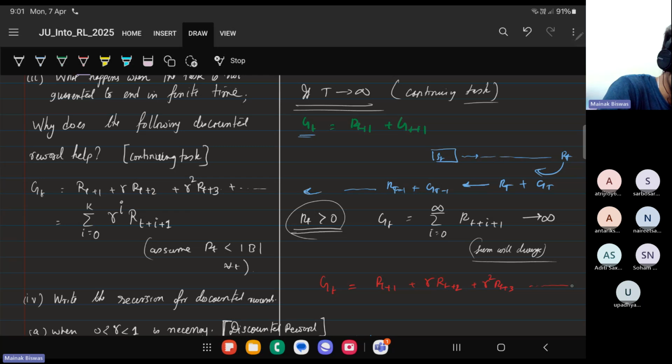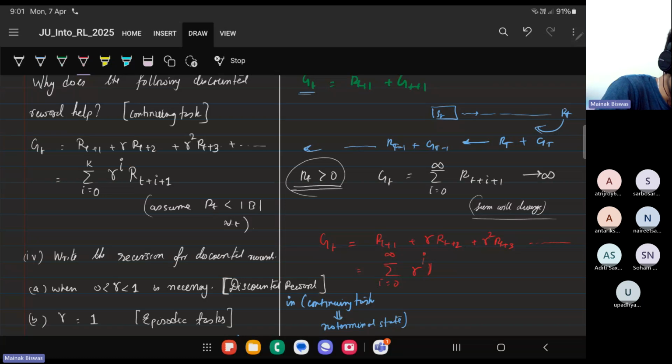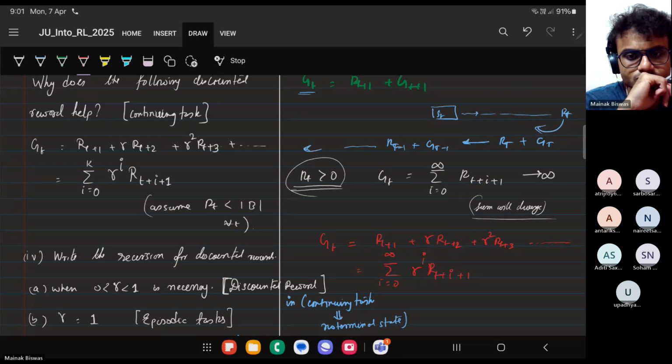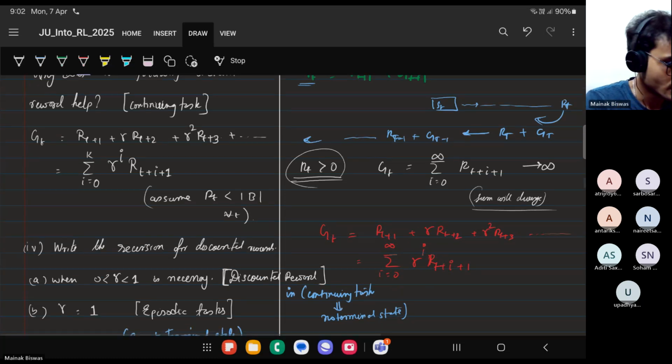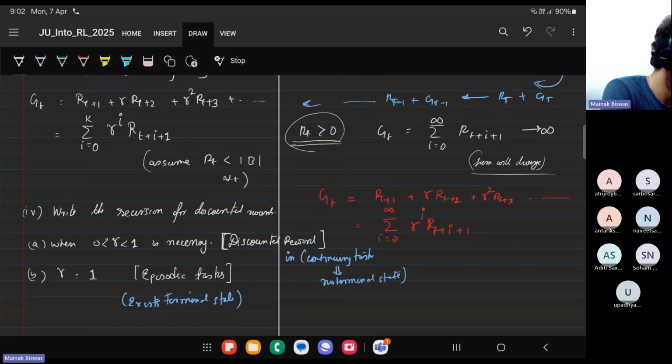So this becomes the summation of gamma to the power i, i equal to 0 to infinity, r of t plus i plus 1. Is this clear to everybody? The method that I'm using? Okay. Any questions? If you're not following, please ask.